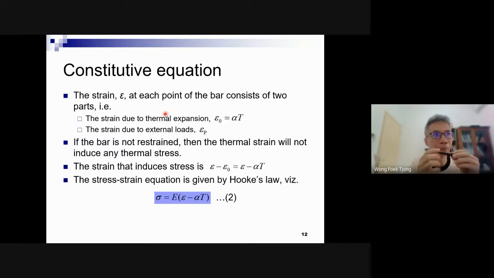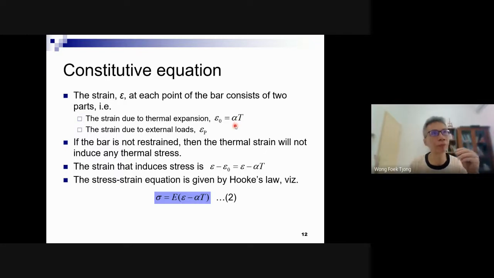If we have a bar and the bar is free to move and then undergoes temperature increment, let's say from 0 to 5 or 0 to 10, that's T, right? And then there will be strain. I call it the thermal strain, due to temperature increment, epsilon 0. The strain is given by alpha times temperature. Alpha is the coefficient of thermal expansion. Alpha times T. That's the strain.